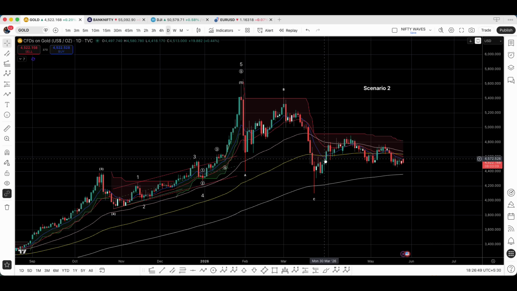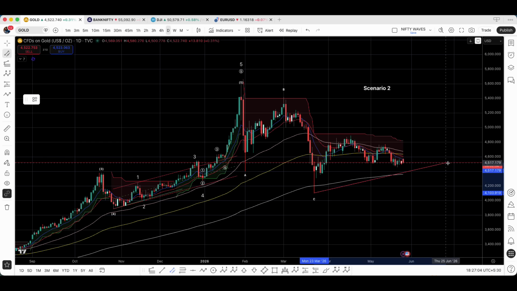Unfortunately, this is where it gets a bit convoluted, because this X wave that's moving up is also moving up in a smaller WXY pattern. So I'm just going to draw a little channel here. I don't think this wave is over just yet, so I'm going to give it a bit of space here. I'm not going to connect the line down.